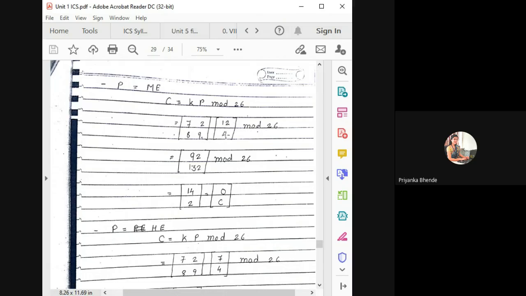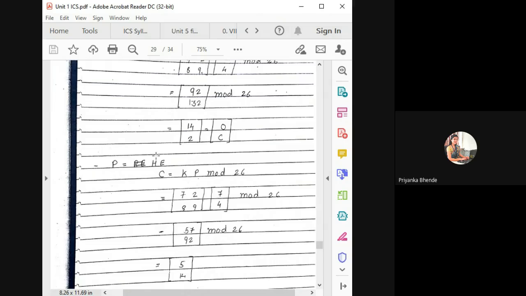After calculating this multiplication, we get 92 and 132 mod 26. After solving this mod 26, 92 mod 26 gives 14, and 132 mod 26 gives 2. The corresponding letters of 14 and 2 are O and C. So O and C is our ciphertext of M and E.